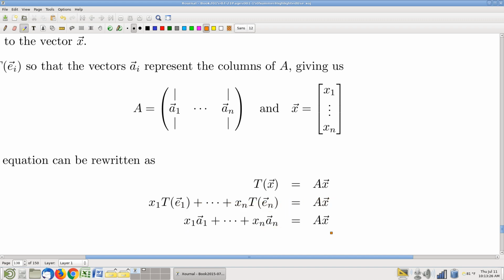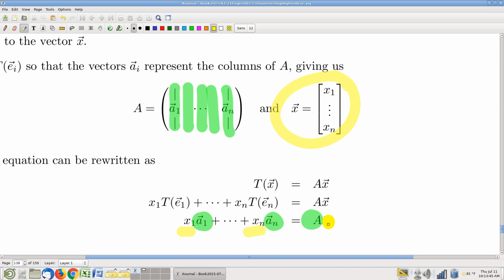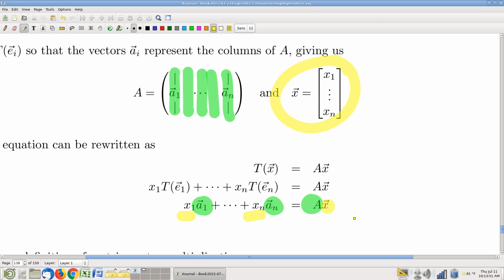If you want to multiply a matrix times a vector, that matrix is made up of columns. You can see here we are taking a linear combination of those columns. The coefficients in that linear combination are just the coordinates of the vector x that you're multiplying by. So there you go.